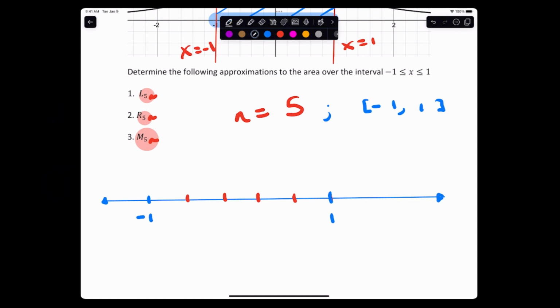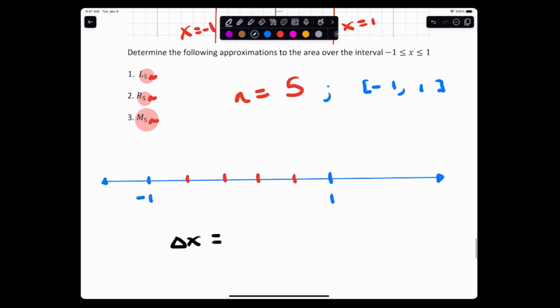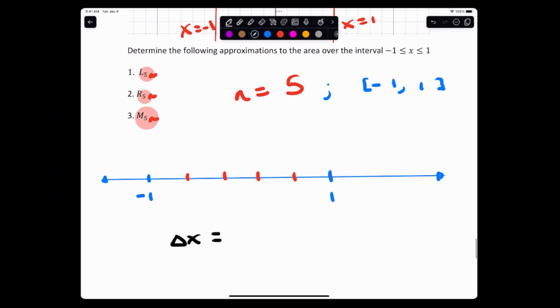But you need to know what delta x is. You need the length of every subinterval. So how do you get that length? You use the formula. This is A, this is B. It's going to be the length of the interval, B minus A, over the number of partitions.